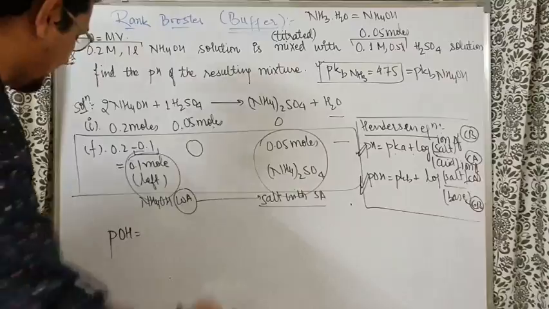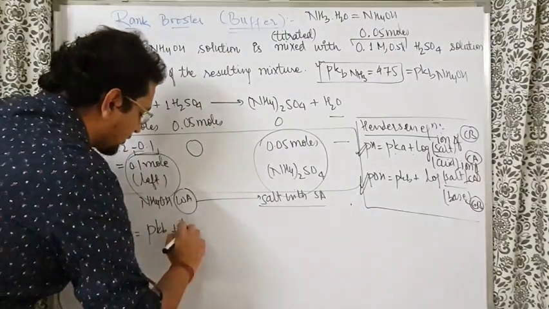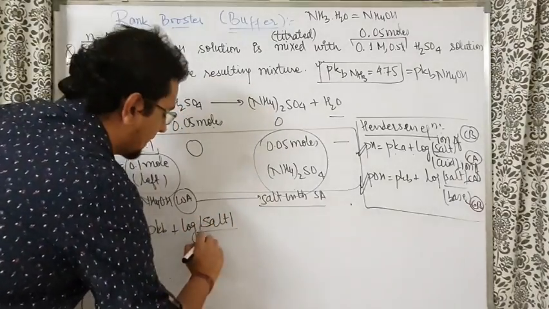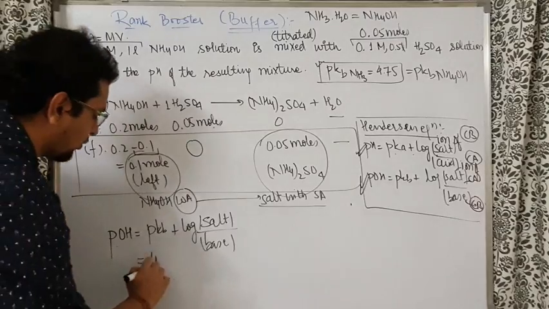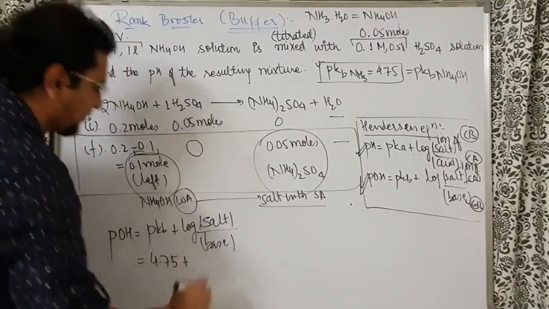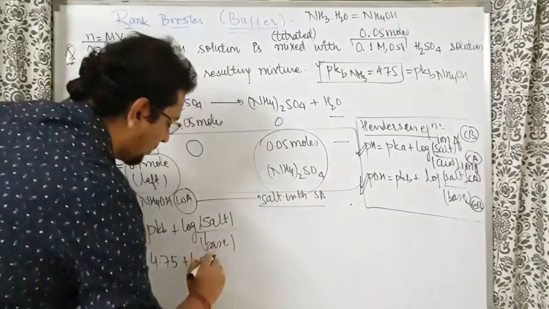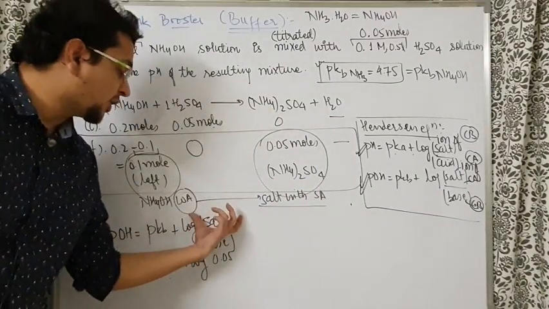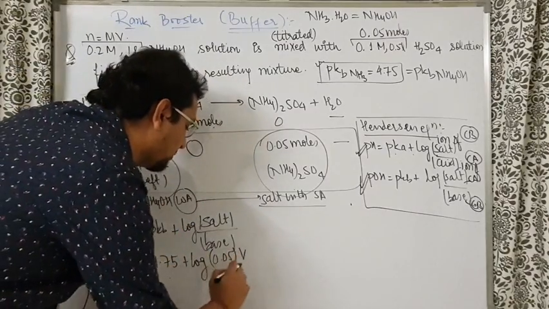Now see, pOH will be the pKb of ammonia plus log of, if we apply the NCERT formula or the formula many people teach, salt by base. So pOH equals pKb 4.75 plus log of how much salt is there? Salt is 0.05 moles. Sir, here too we have concentration, should we divide by the volume? It is your wish, you may divide.